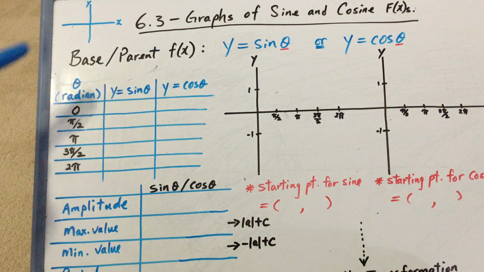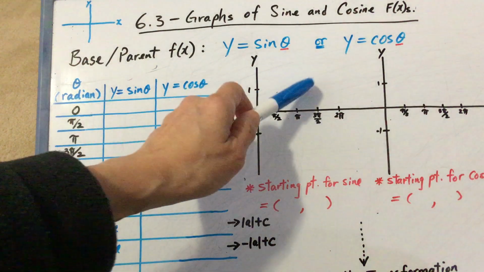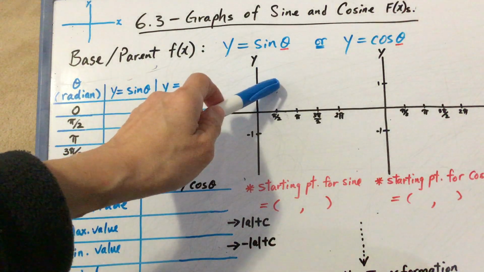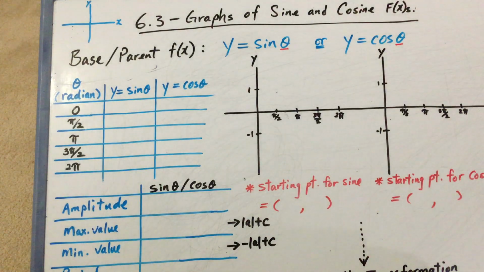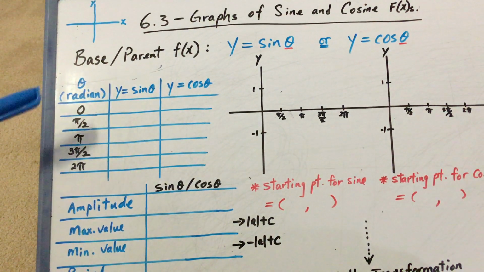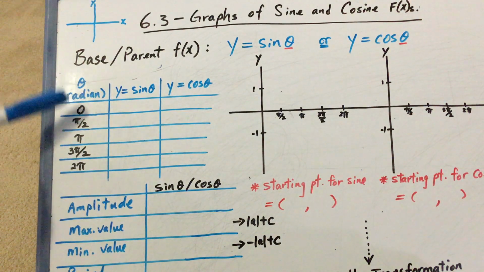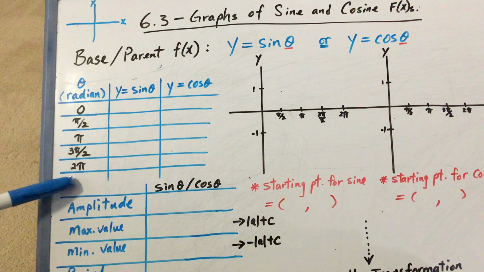So let's get started by looking into the table values first before I start to show you the shapes of the sine graph or the cosine graph. If theta represents the angle, I'm going to put some key angles here in the table values for the x or for the theta.